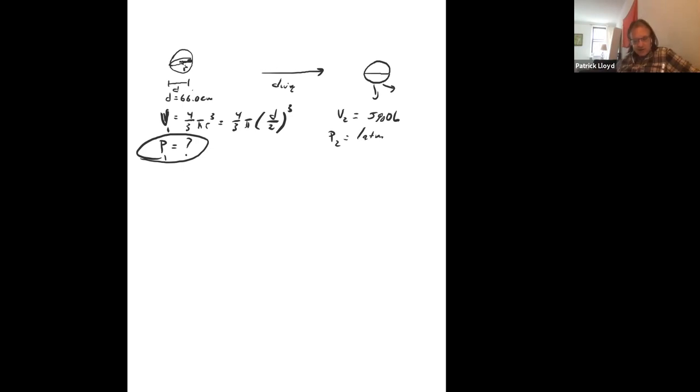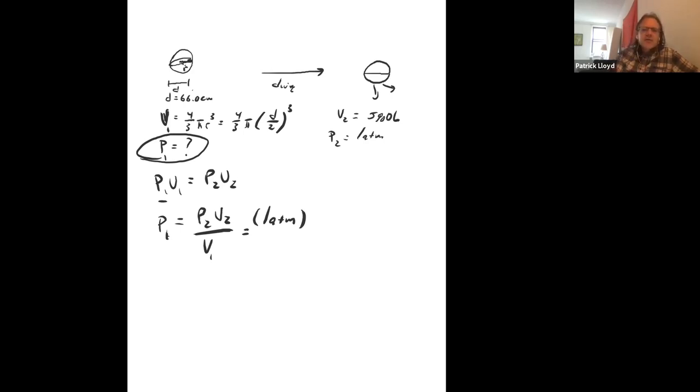So P1V1 equals P2V2, and we're really just trying to find P1. So divide both sides by V1, and then you're set. Now, P2 is easy, it's 1 atmosphere. Did they say what units they wanted?